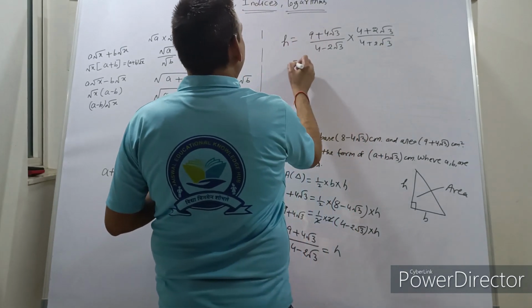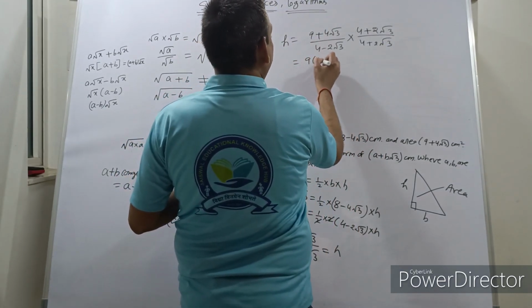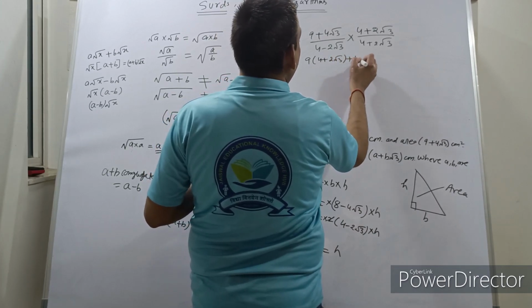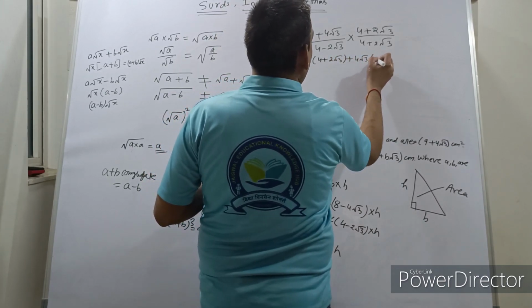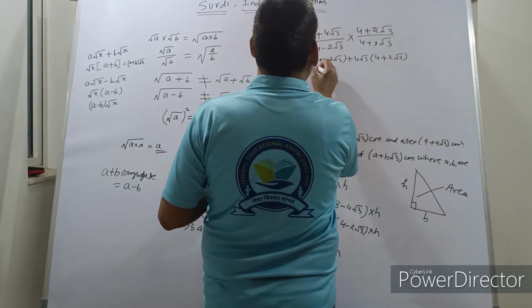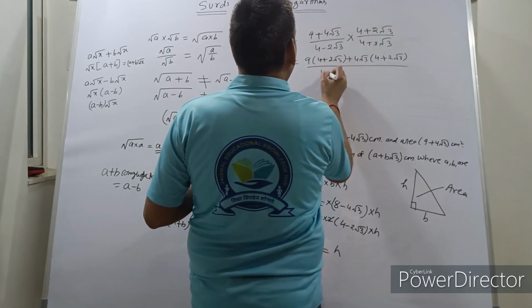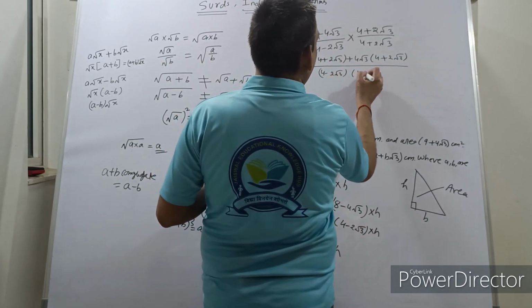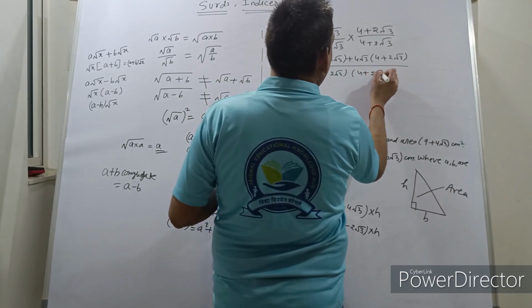So that becomes 9 plus 4 root 3, open the bracket, multiplied by 4 plus 2 root 3, upon 4 minus 2 root 3 and 4 plus 2 root 3.